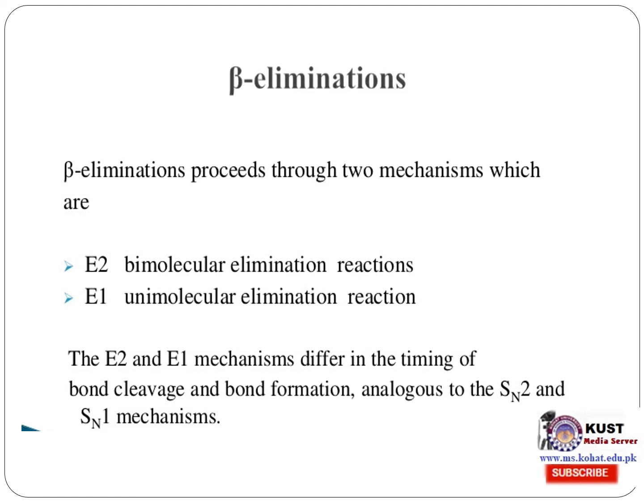As we have previously discussed in the nucleophilic substitution reactions, the E2 and E1 mechanisms differ in the timing of bond cleavage and bond formation, and it's similar to the SN2 and SN1 mechanism.